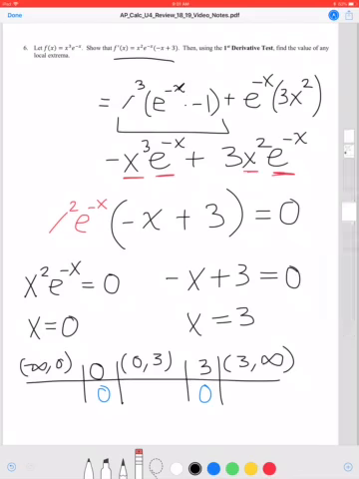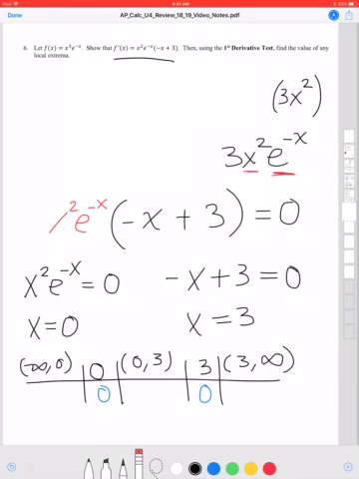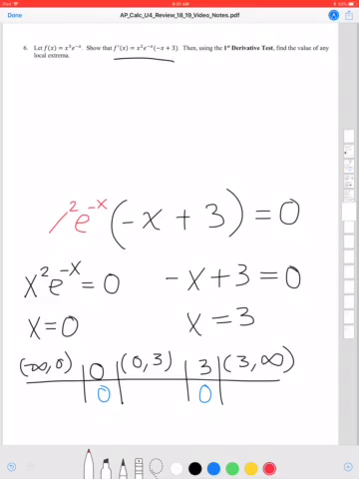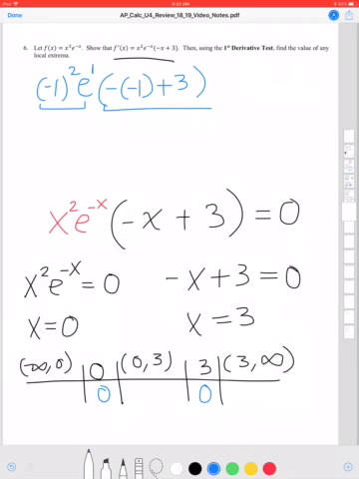Alright, if I pick negative 1 squared e to the negative 1 is positive 1 times negative 1 plus 3.